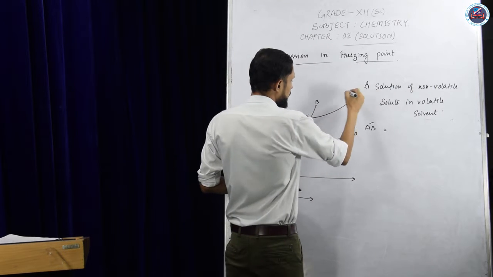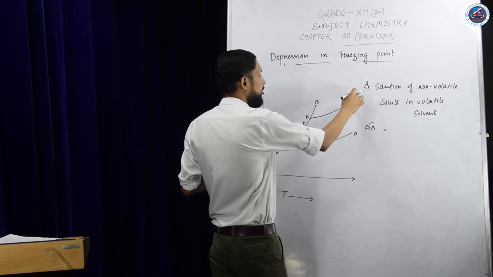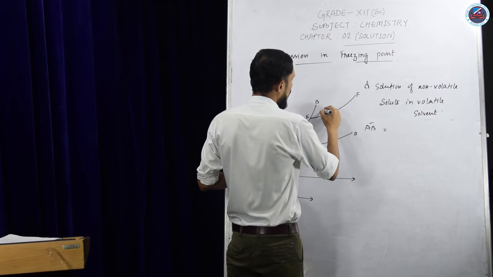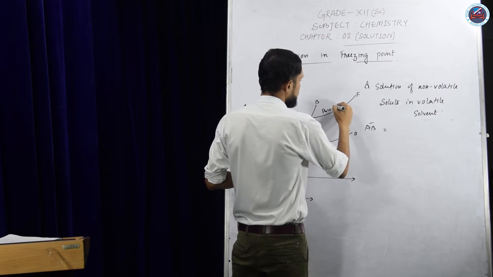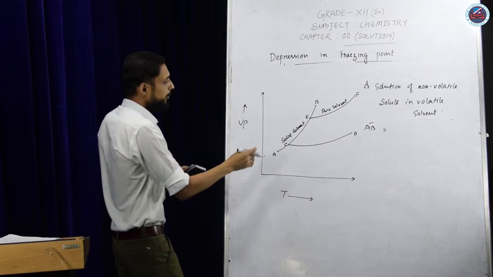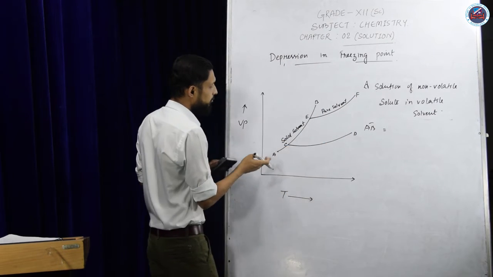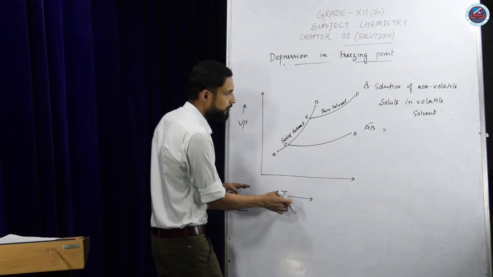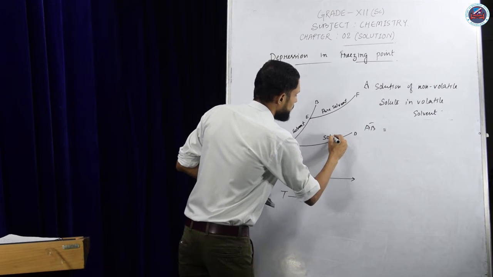So EF represents the increase in vapor pressure with respect to temperature for pure solvent, whereas curve CD represents the increase in vapor pressure with respect to temperature for solution.